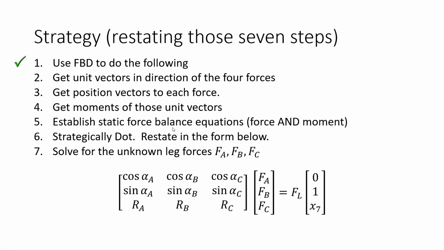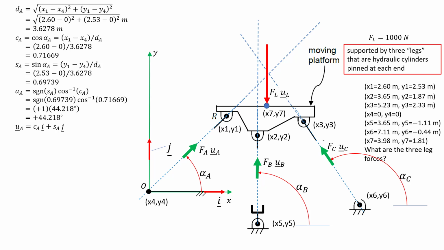Let's see if we can get the unit vectors for the 4 forces. I've written here in great detail the unit vector for the A leg. What I did is I set up to solve for the distance between points 1 and 4. Since I've done x1 minus x4 and y1 minus y4, I've used the fixed pivot of the A leg as the reference.